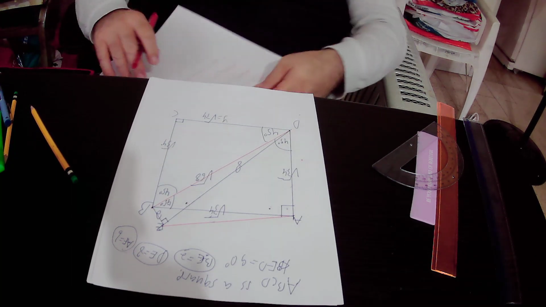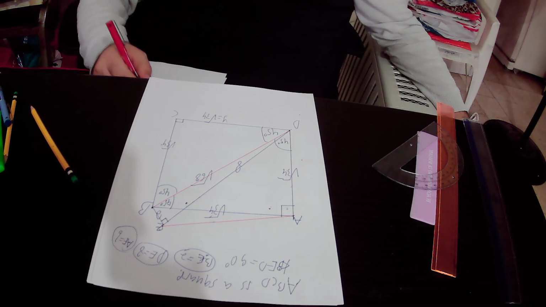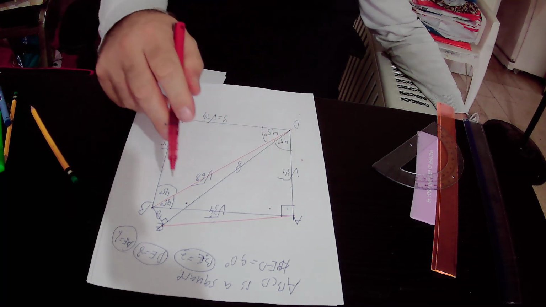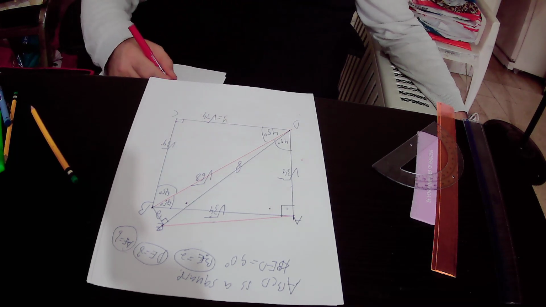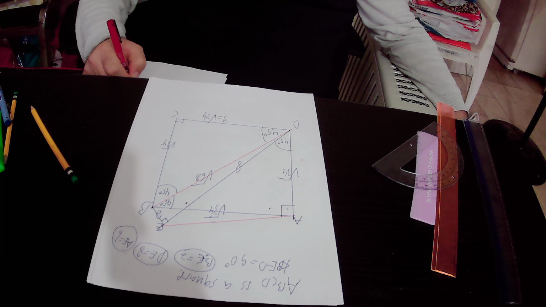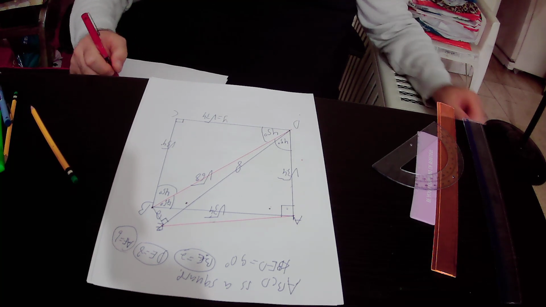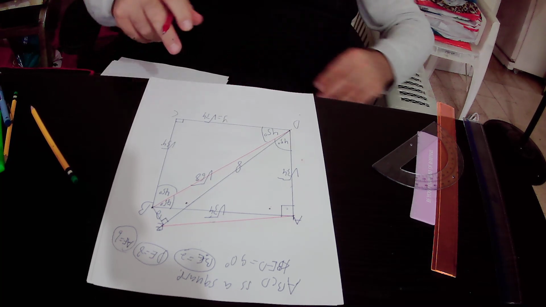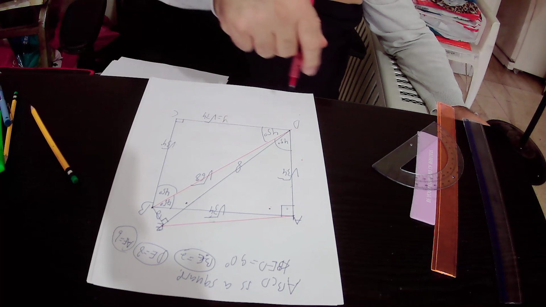Therefore, according to rule number 2, the quadrilateral AEBD, the quadrilateral AEDB, is inscribed by a circle.